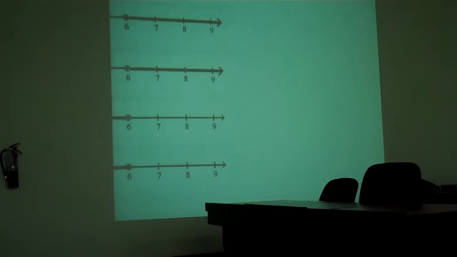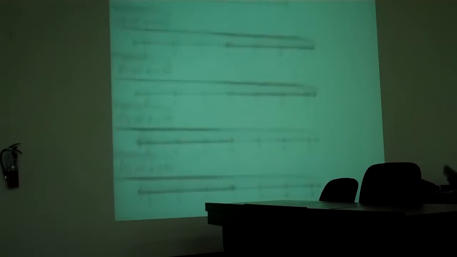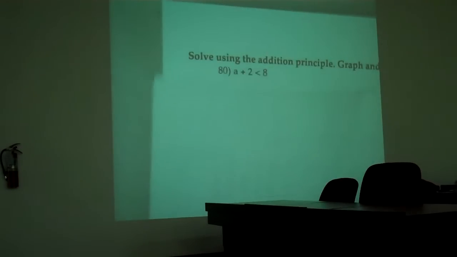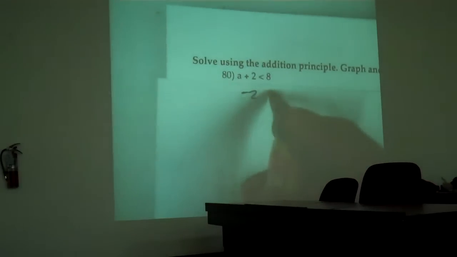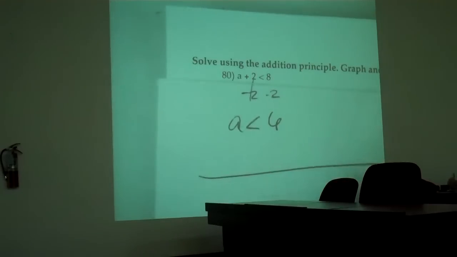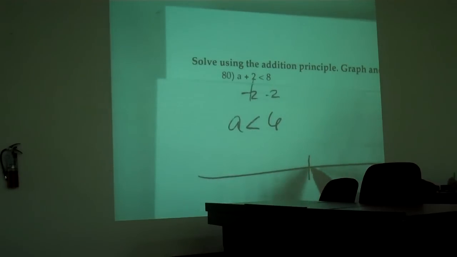Solve using addition principle and then graph. Let me get it where you can see it. That was simple to solve, right? Just subtract 2. So plus 2, you subtract 2. So you have A is less than 6. To graph that, is that going to be open on the 6, or closed?